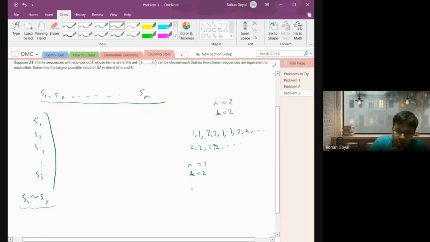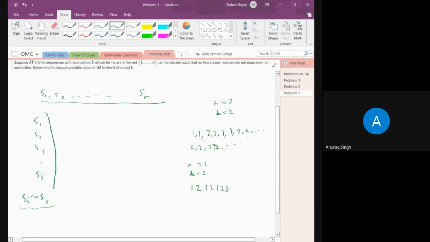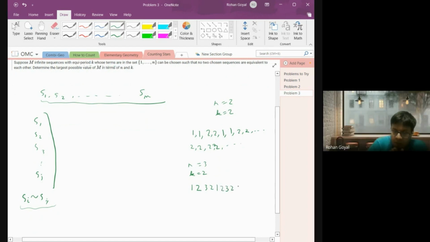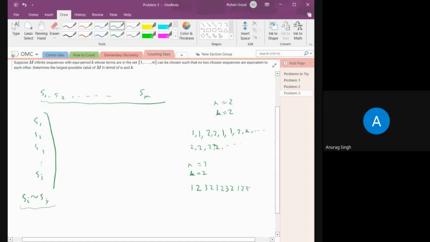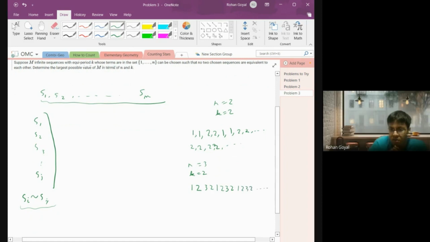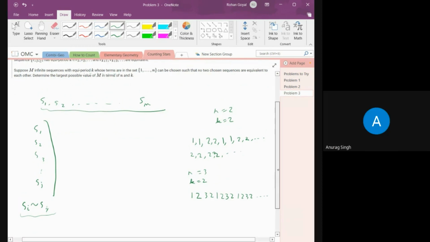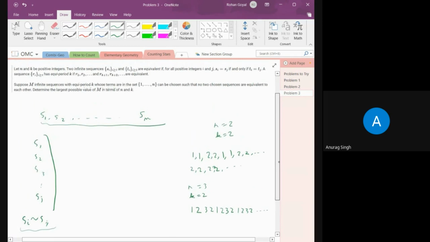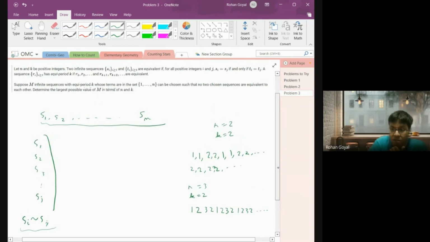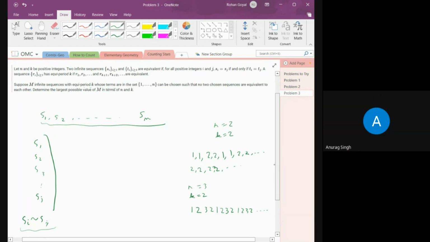Okay, so let me consider this sequence: 1, 2, 3 repeating. But this sequence has all three things. A1 should be equal to A3, because K is equal to 2. No, that's not what is written. That's not what is written. We have a period of 2.